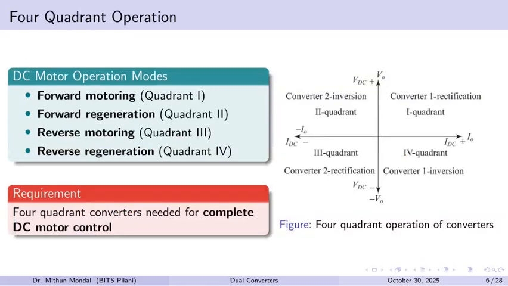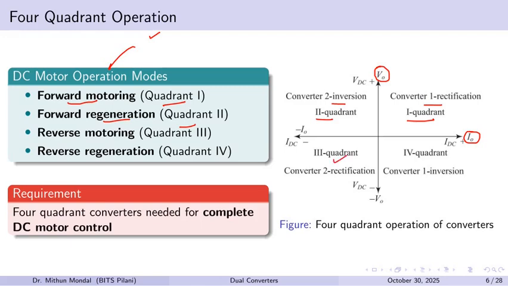Now the four quadrant operation of the output voltage and output current for DC motor operation. In the first quadrant, it operates in forward motoring mode, so it operates as rectification. In the second quadrant, it operates as forward regeneration, so it is inversion.